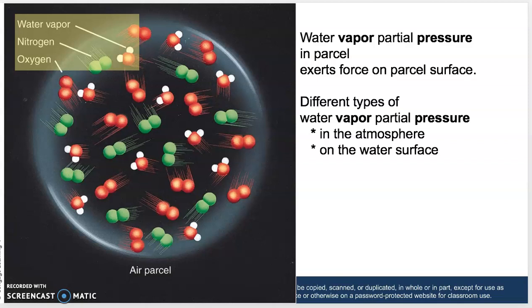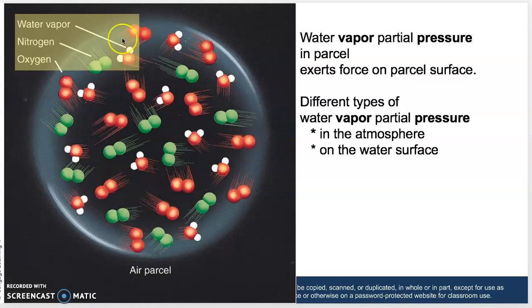And the pressure of water vapor in the atmosphere is known as a partial pressure because it is one component of the atmosphere, and the other components can include nitrogen molecules and oxygen molecules and carbon dioxide molecules and argon molecules. And all of those molecules can be part of a model parcel of air, an imaginary parcel of air, an air mass, you might say.